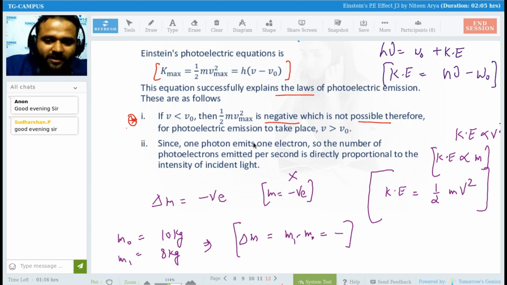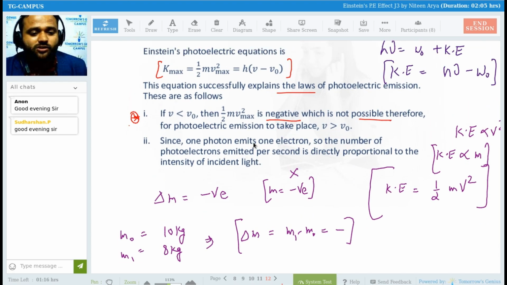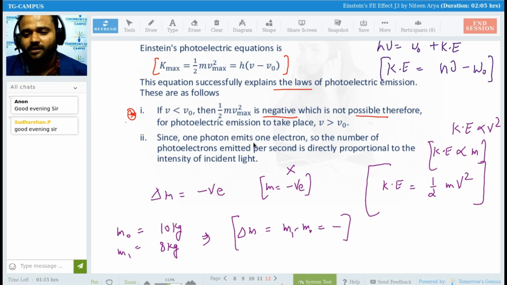So negative mass is nothing, and that is why kinetic energy can never be negative. Got it? You got the physics behind it.